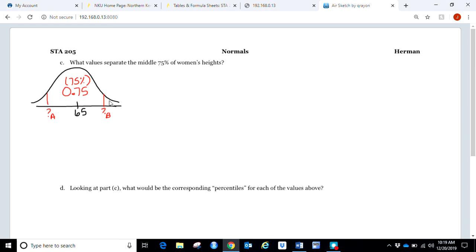So I'm going to take that 25% and divide it by 2, which is going to give me 12.5%, or 0.125 in decimal form for each of those pieces. So my entire picture adds up to 100%. So I really have two different values to find. Let's first focus on finding question mark A.